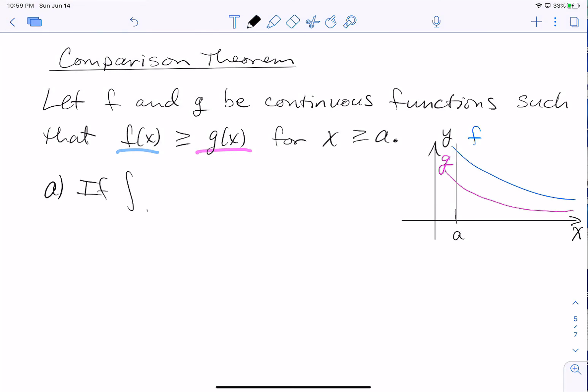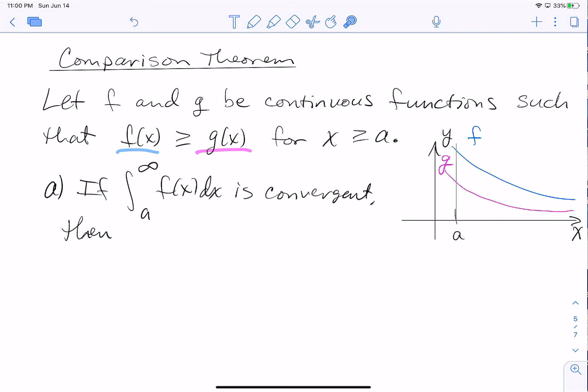If the integral from a to infinity of f of x dx is convergent, then, well, let's see what that means. That means that the area under the curve f from a to infinity is finite. And we have g is smaller than f. So the area under g has to be smaller than the area under f.